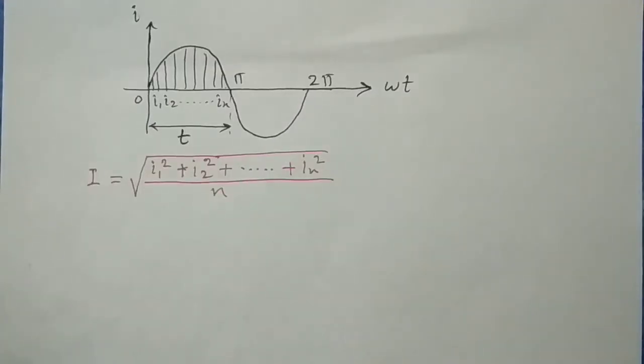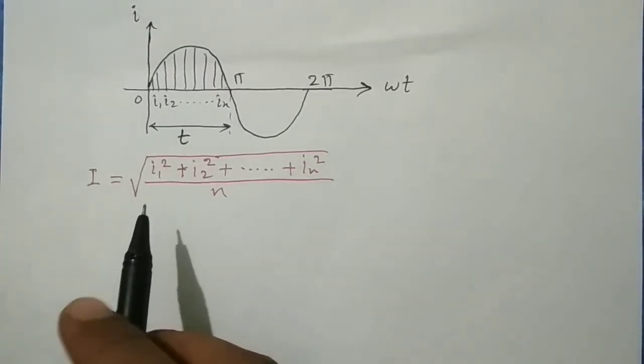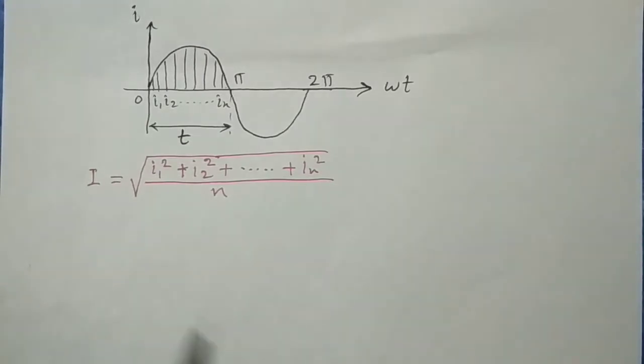So the RMS or root mean square value, or the effective value of an alternating quantity, can be calculated by this concept that we have already discussed.